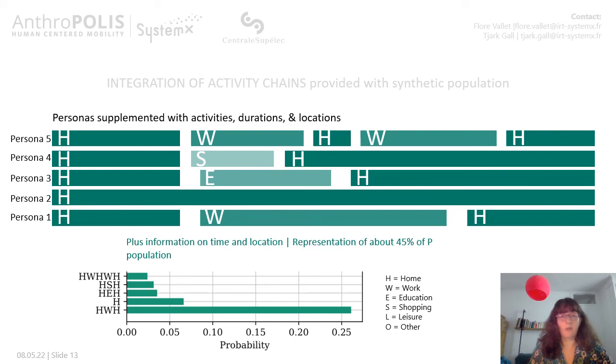We can have personas supplemented now with their activities, and for these sets of personas, we can attach them to a certain activity, and the 5 activity chains here can account for about 45% of the population. And we can connect, for instance, Camille, who is a student, to the home, education, home activity, and Leila, who is a worker, to home, work, home.